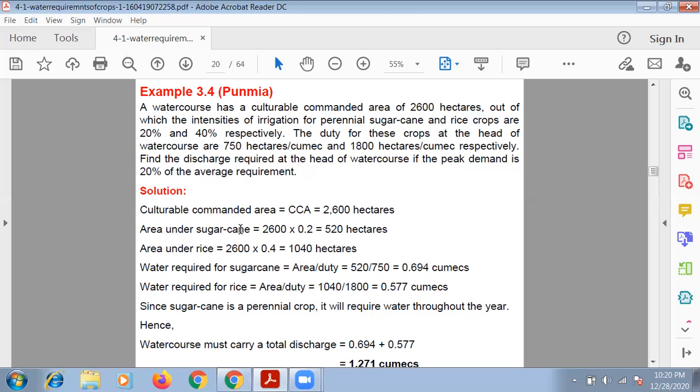So the area under sugarcane is 2,600 into 0.2, so it is 520 hectares. And the area under rice is 2,600 into 40%, so 0.4, which is 1,040 hectares. Now we have to calculate the water required.